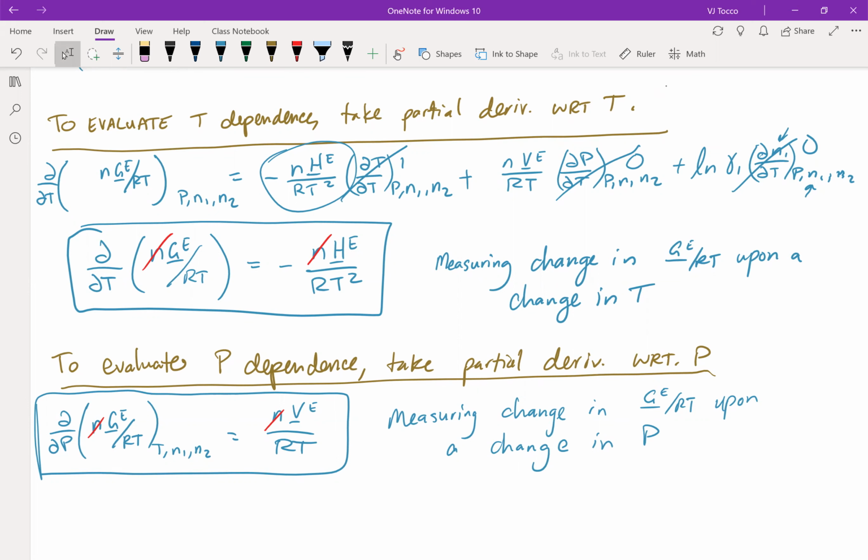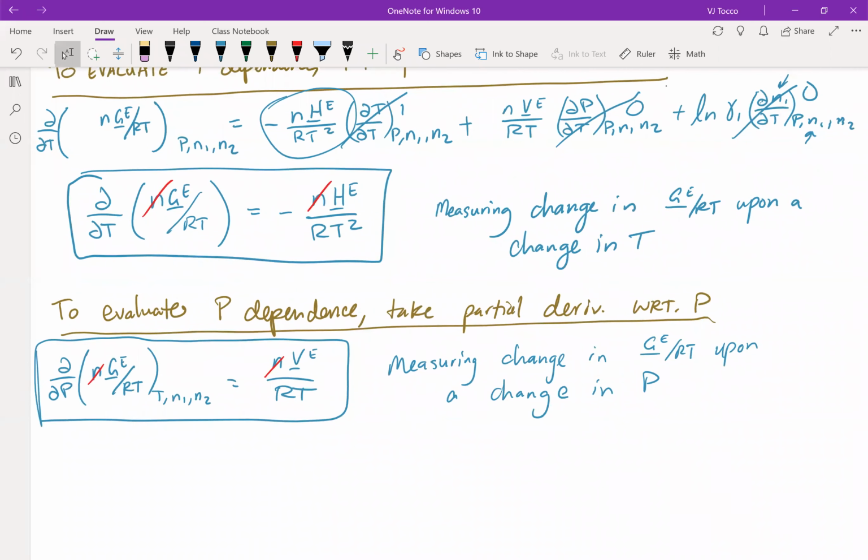Now, if I were to actually evaluate these two expressions with some experimental numbers, I'd need to have a value handy for the excess molar enthalpy, and I need to know the excess molar volume.